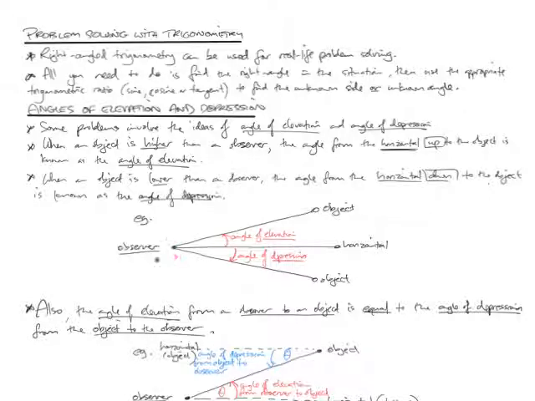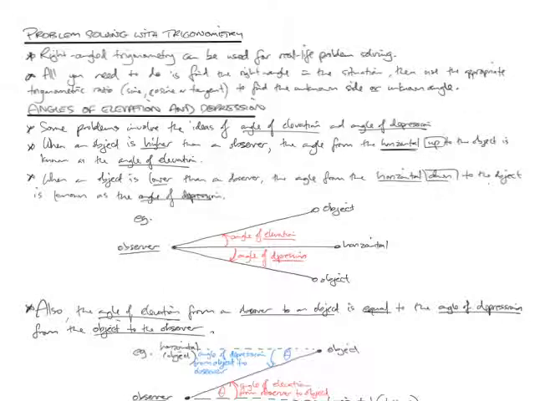So if you're the observer here, this is the horizontal in front of you, and if you're looking at an object that's higher than you, then it has an angle of elevation up from the horizontal to the object.